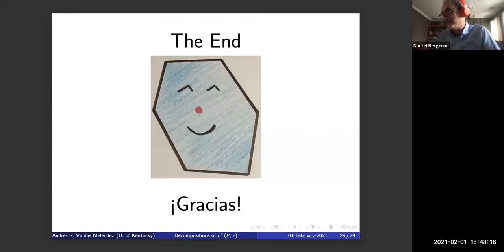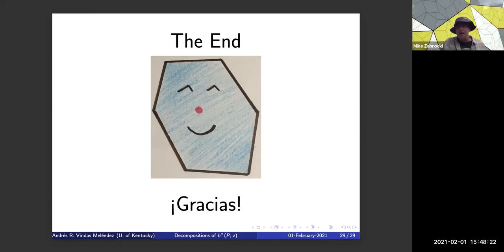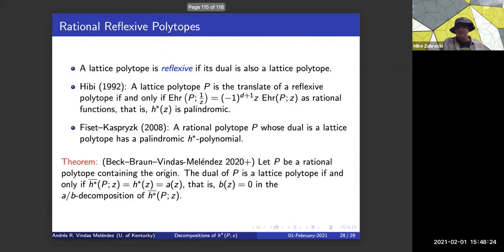Are there any questions? Speaking of, Mike. Can you go to your last slide? In some sense, this theorem could possibly be a test for whether, if you have a rational polytope, its dual is also a rational polytope.